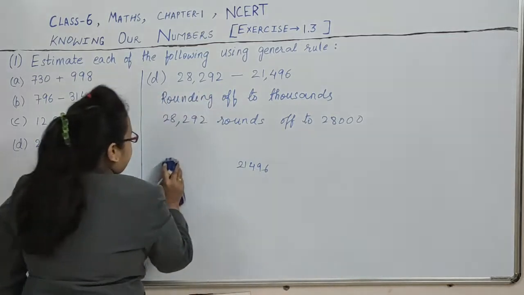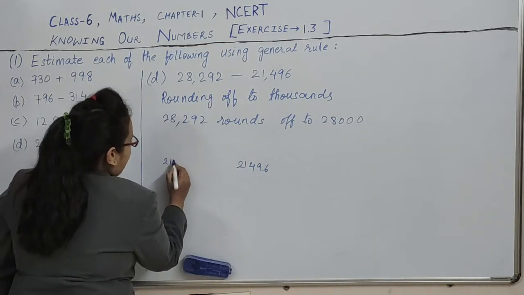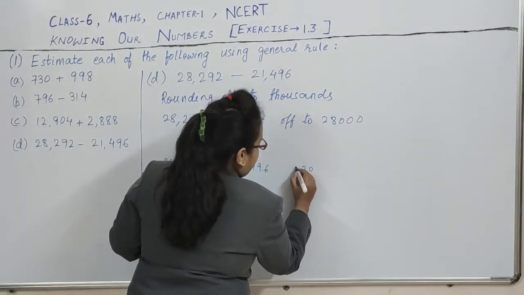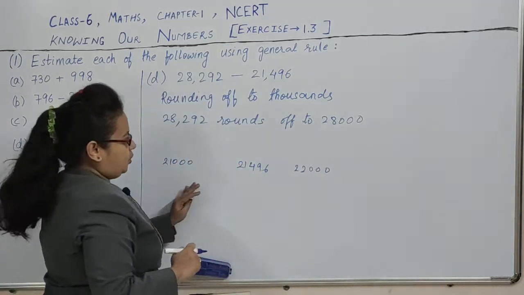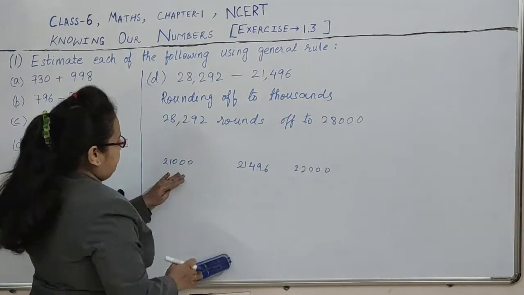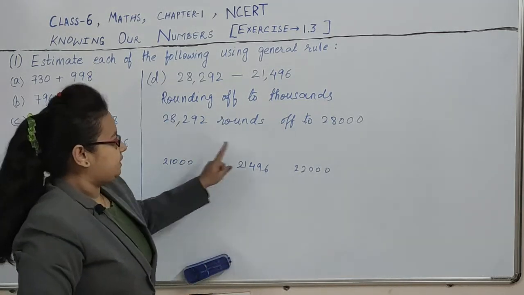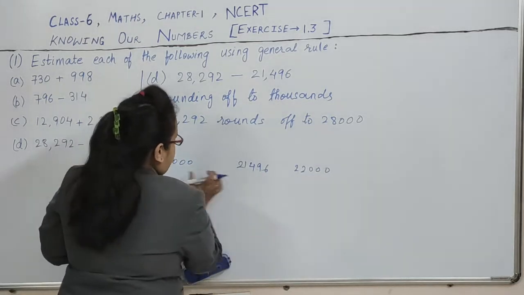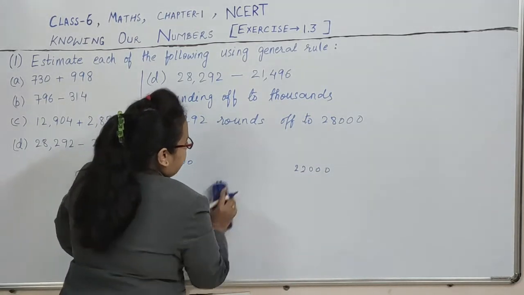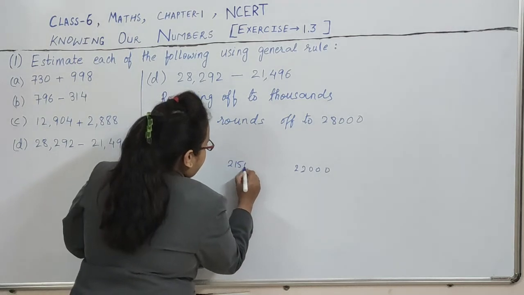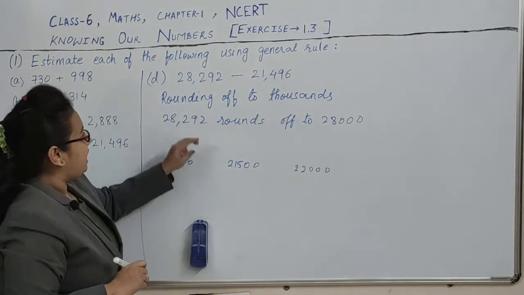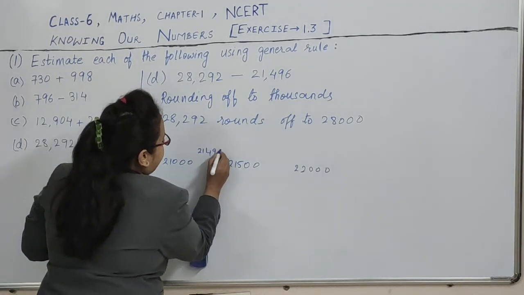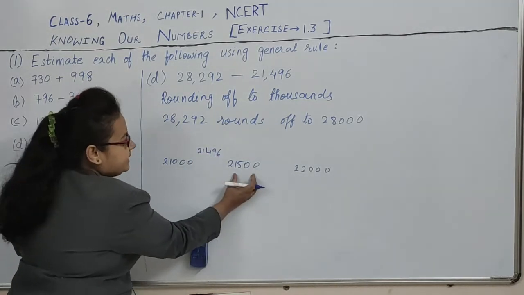Now it is 21,496. This number lies between 21,000 and 22,000. What is the middle number between these two? The number is 21,500. And this 21,496 is less than the middle number.